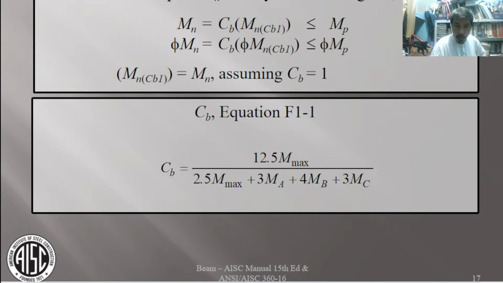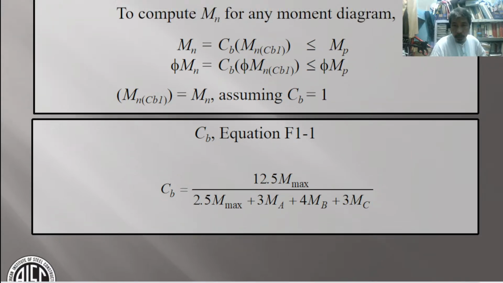So compute Mn for any moment diagram. Mn is equal to CB times the quantity Mn at CB equal 1, and it must be equal to or less than Mp.